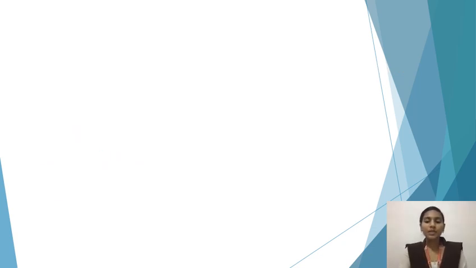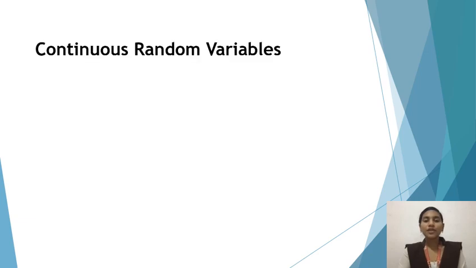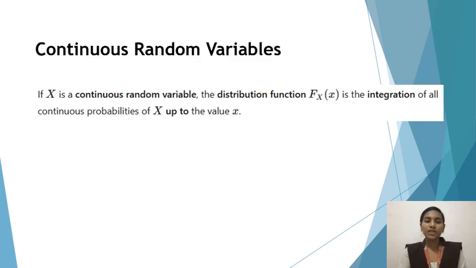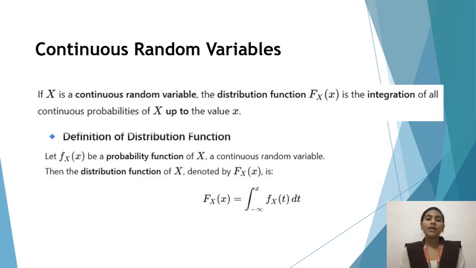Now the second expression for the distribution function is continuous random variables. Let us assume x is a continuous random variable, the distribution function capital Fx of x is the integral of all continuous probabilities of the random variable x up to the value of small x. So let us mathematically give the formula.